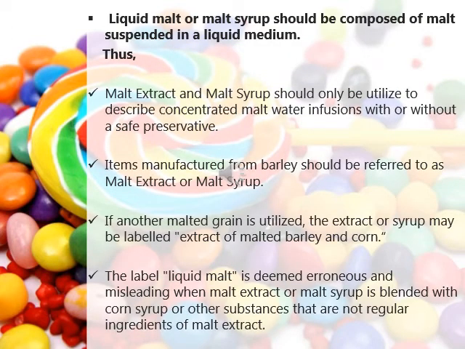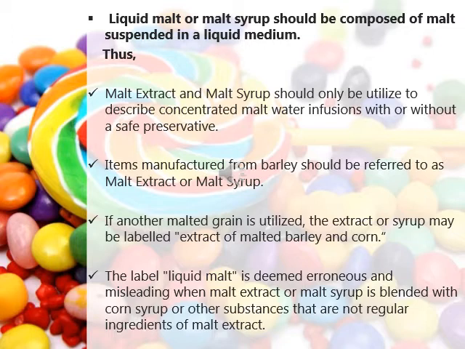Liquid malt syrup should be made composed of malt suspended in a liquid medium. Malt extract or malt syrup should only be utilized to describe concentrated malt water infusion with or without a safe preservative. Items manufactured from barley should be referred to as malt extract and malt syrup.